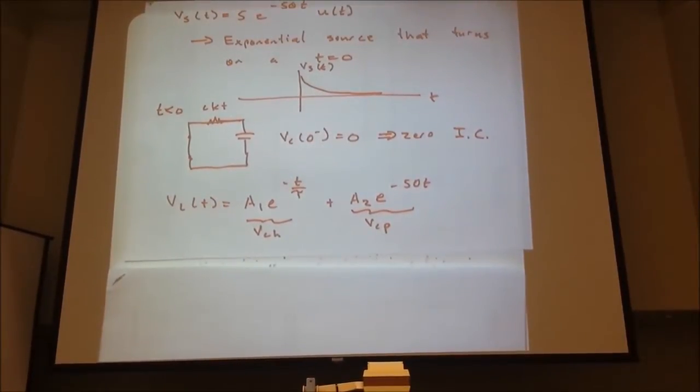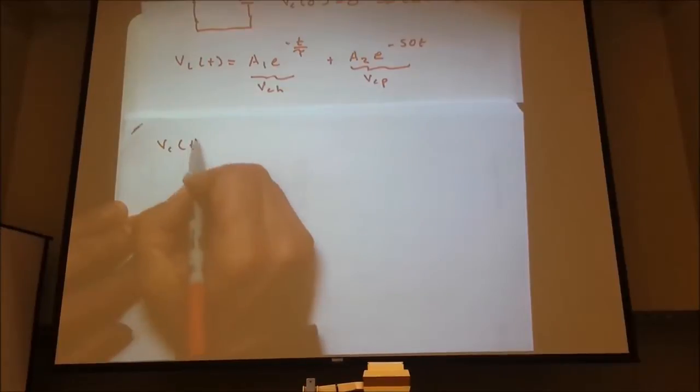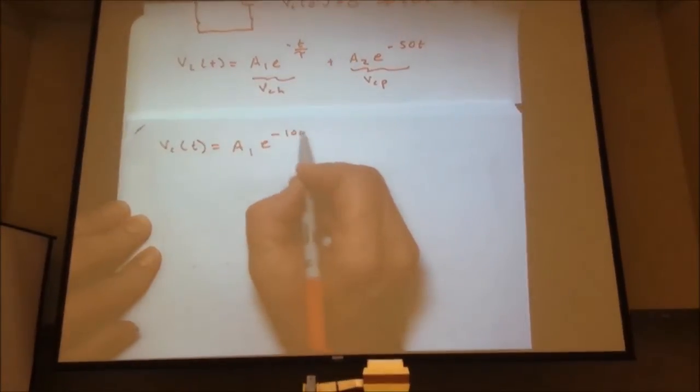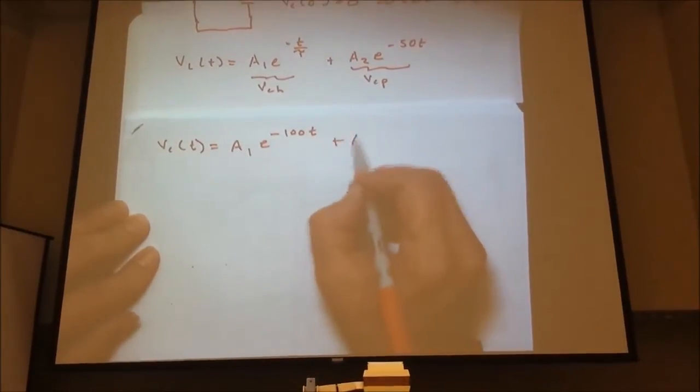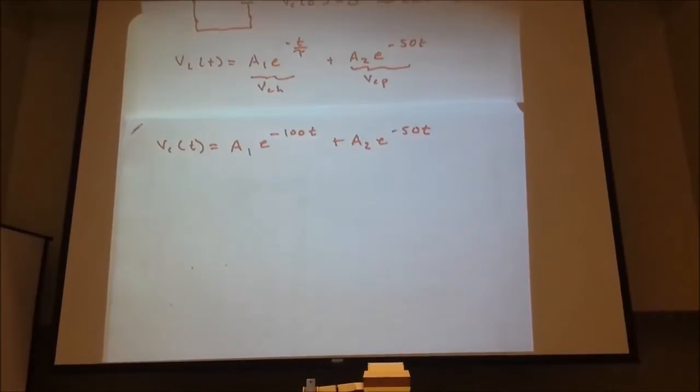And we could actually put some numbers in for tau, just so we can realize how great this problem looks. If I do a little inversion, we get minus 100t plus A2 e to the minus 50t. Well, once again, we have two unknown coefficients.